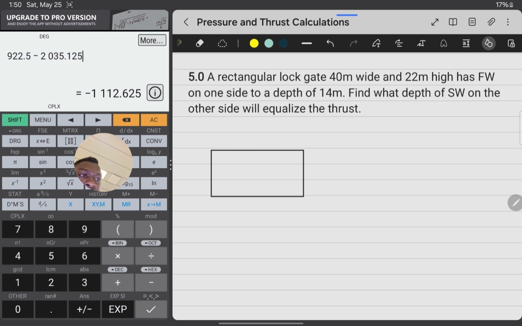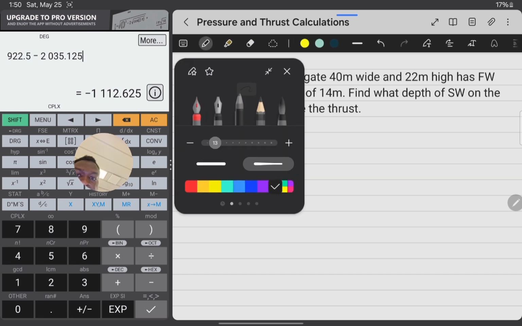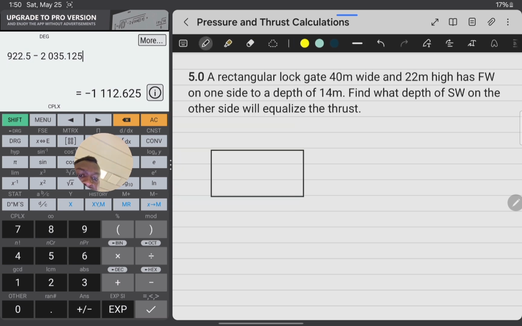A rectangular lock gate, 40 meters wide and the height is 22 meters. It's fresh water on one side of this gate, to a depth of 14 meters.